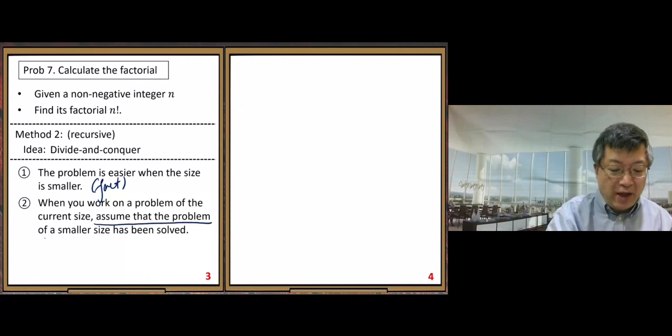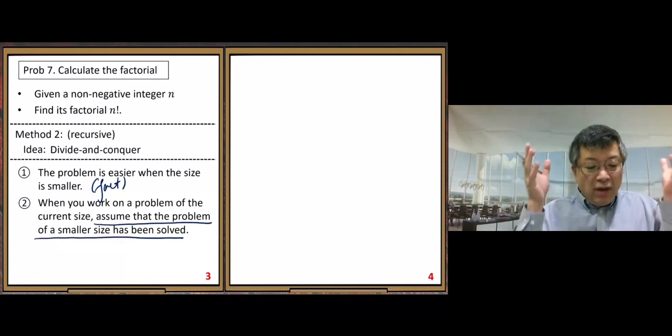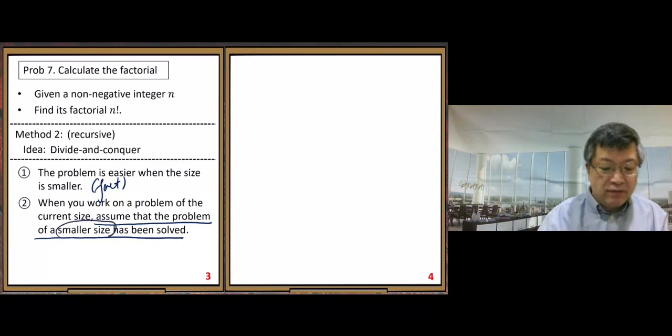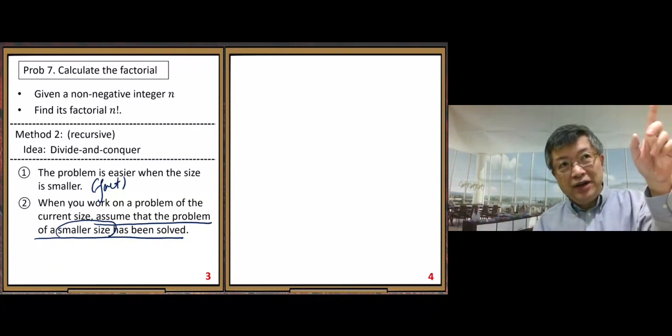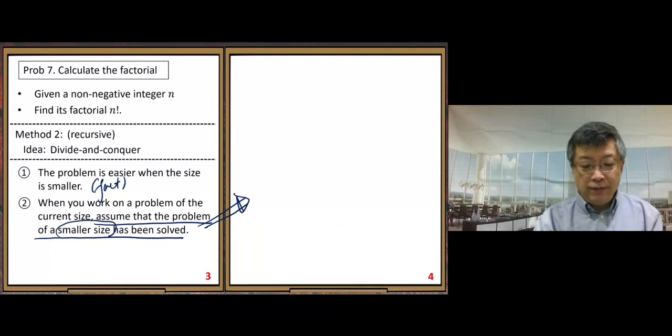How can you assume that the problem of a smaller size has been solved? Yes, we can. In order to understand why you can, you need to recall mathematical induction.